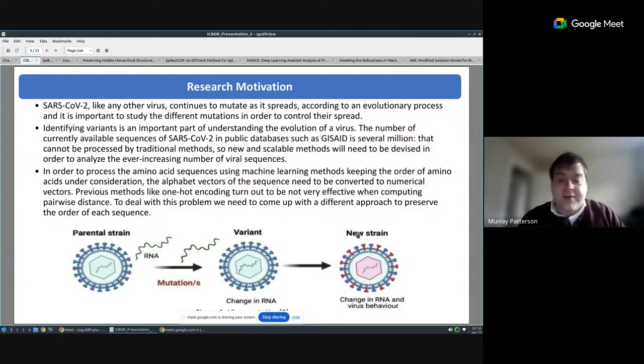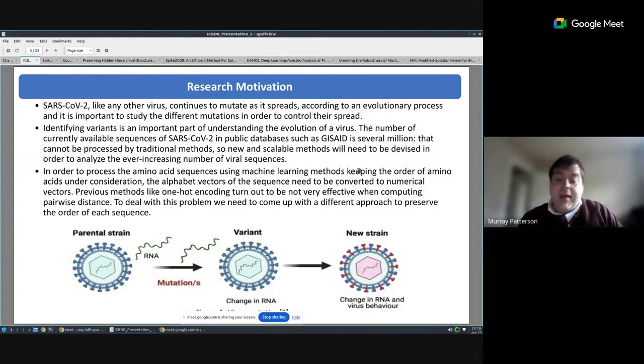So maybe that connects even more to this idea of pangenomics. I don't think we've ever had so many sequences in the history of sequencing. There are 20 million sequences of SARS-CoV-2 available in databases such as GISAID. Right now we had several million, but now there's 20 million.